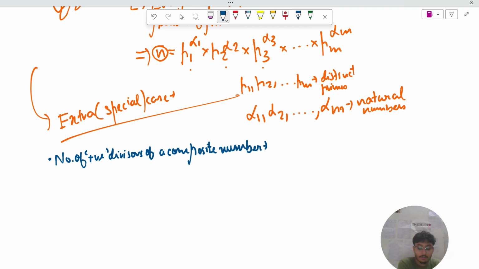If my number n is a composite number, it can be expressed in the form p1 to the power alpha 1 into p2 to the power alpha 2 dot dot dot all the way till pn to the power alpha n.